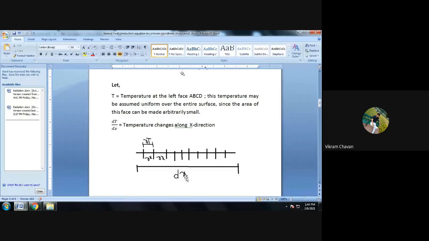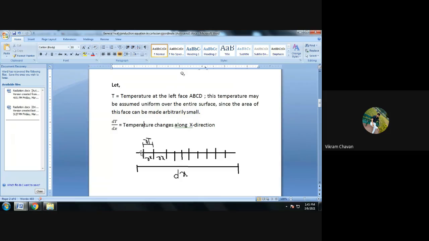So each element of this dx length has 1 centimeter distance.